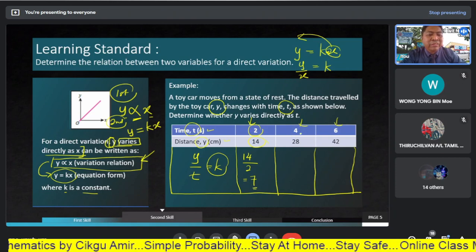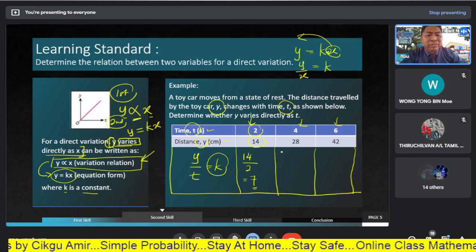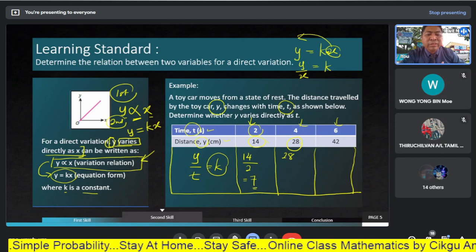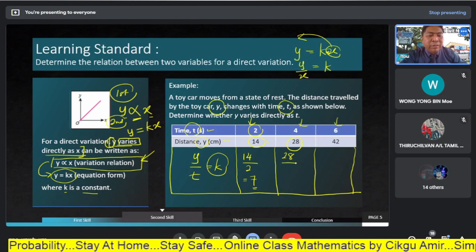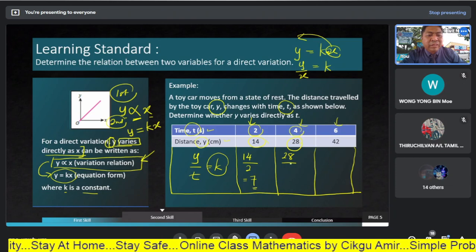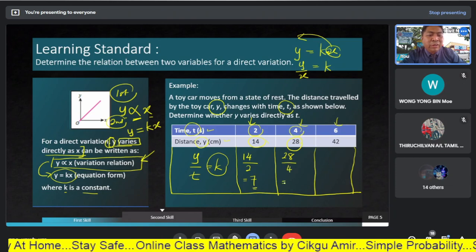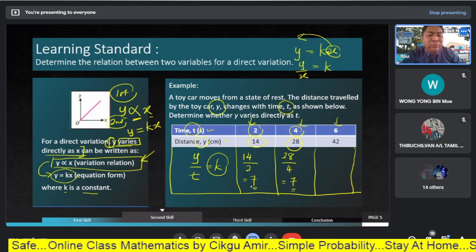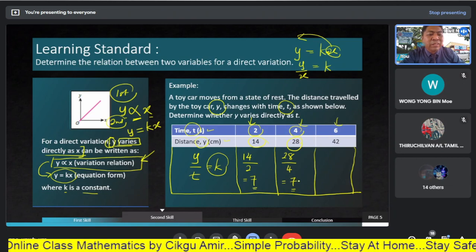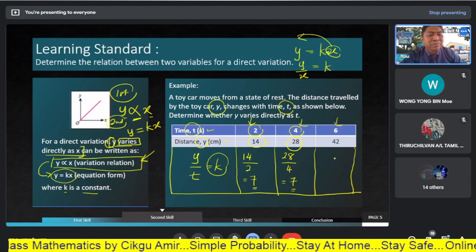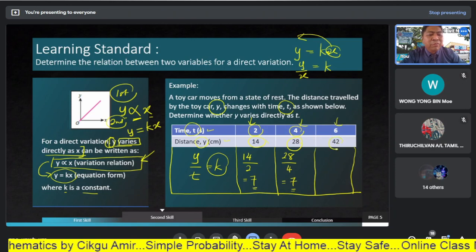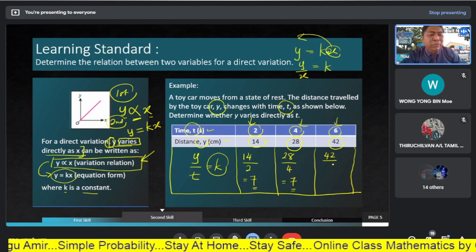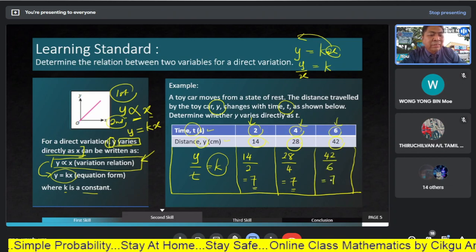Then the second situation, y is 28, divided by t, which is 4. So 28 divided by 4, we also get 7. Third situation, 42 divided by 6, we get 7.